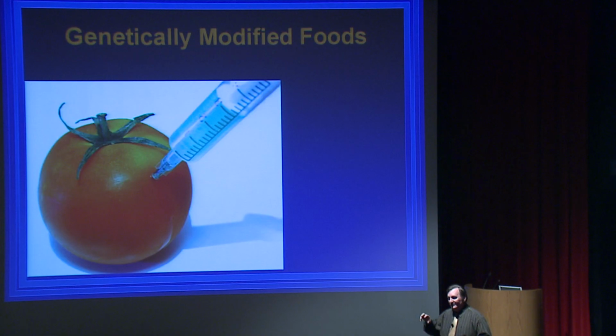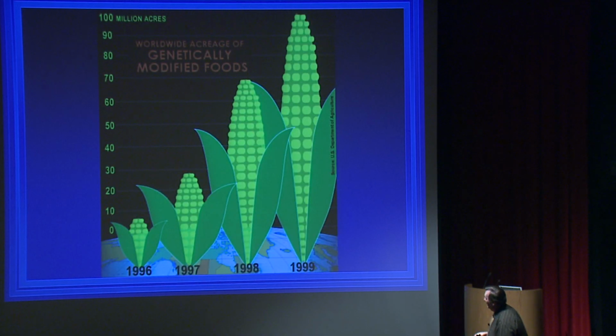Now, we're talking about genetic modification today in the context of sustainability. And so, do genetically modified foods lead to a more sustainable world or a less sustainable world? Certainly a more sustainable world if you can increase the amount of food available to the population, but there are concerns with it as well, and I'm going to talk about some of those today.